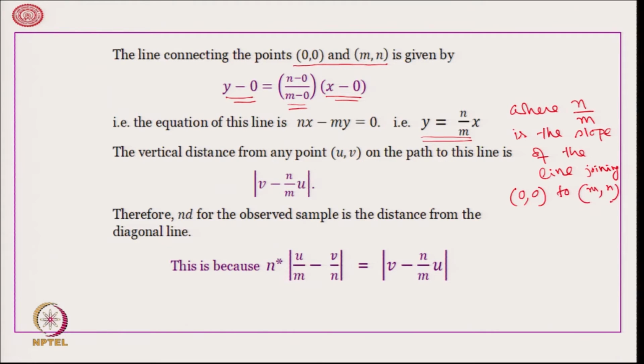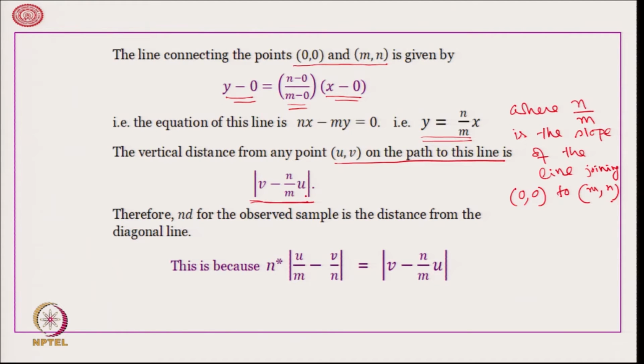Therefore, the vertical distance from any point u v on the path to this line, where u and v are integers, because either we are going towards right one step if it is an x, or going up one step if it is a y. Therefore, the vertical distance of the point u v on the path from this diagonal line is going to be v minus n by m u.